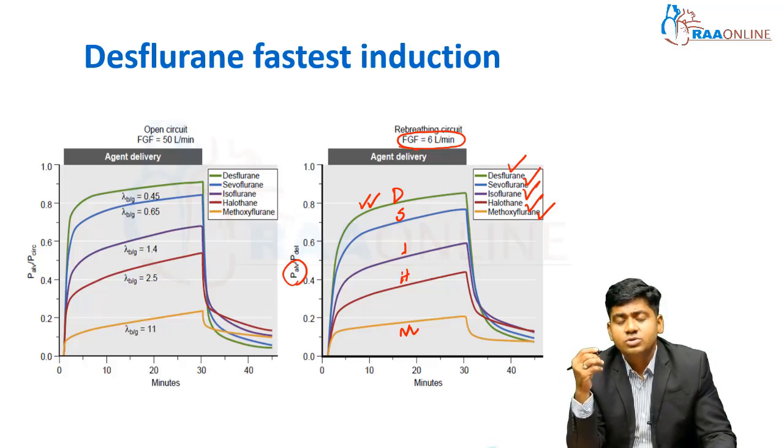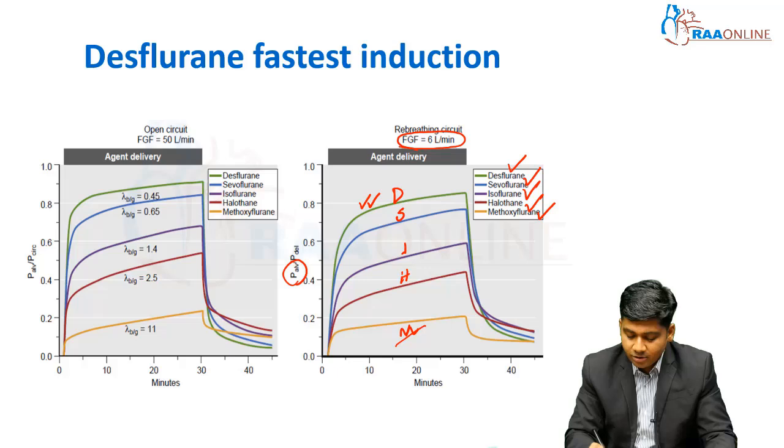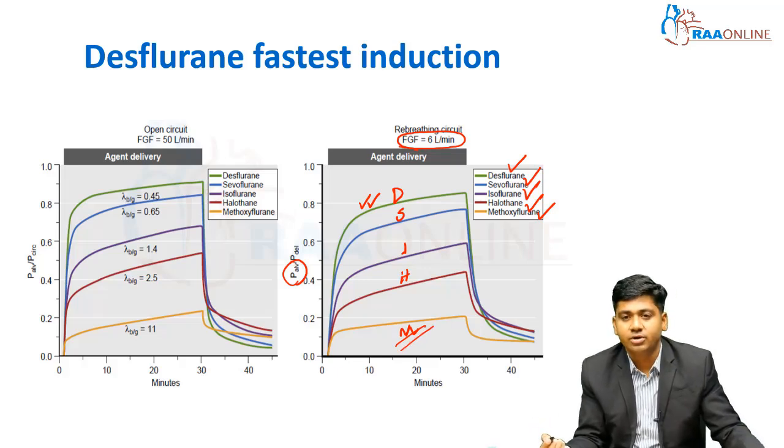There will be chances of bronchospasm and airway secretions. So we will not use isoflurane as an induction agent; we mostly use sevoflurane. Methoxyflurane is now not available, though we are very much interested in it.